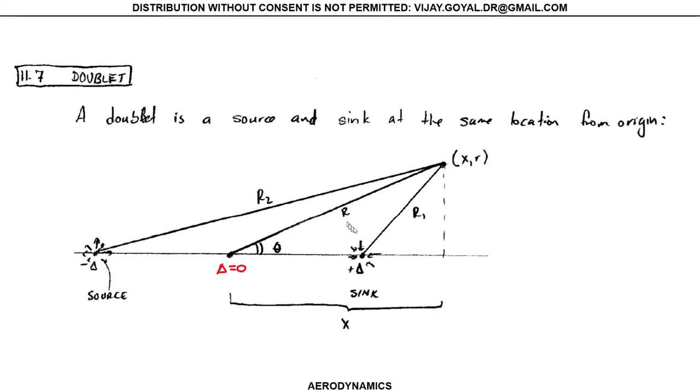And we work in polar coordinates or cylindrical coordinates, where this is the distance x and this is the distance r. If this is the angle theta, then you can immediately see that x is equal to big R cosine of theta. Your small r is equal to big R sine of theta.